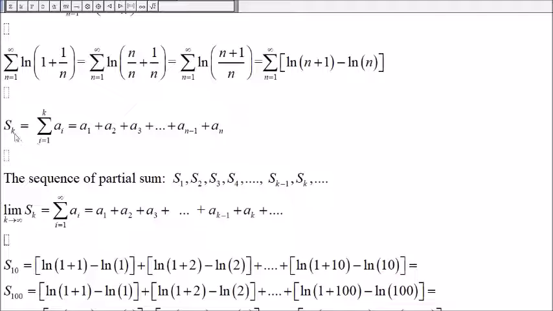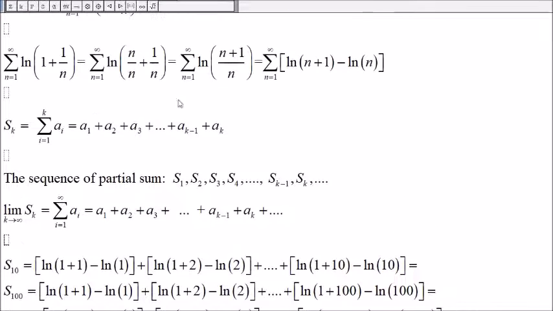If we allow k to run to infinity, then the limit of s of k as k approaches infinity is the series itself.